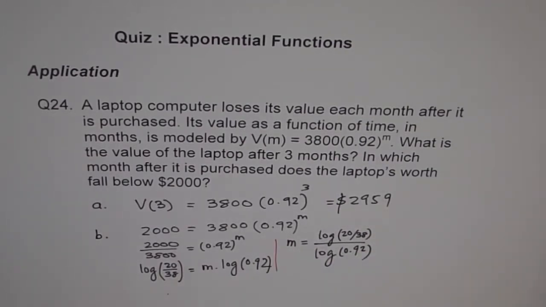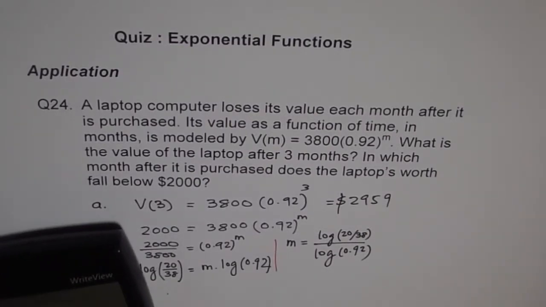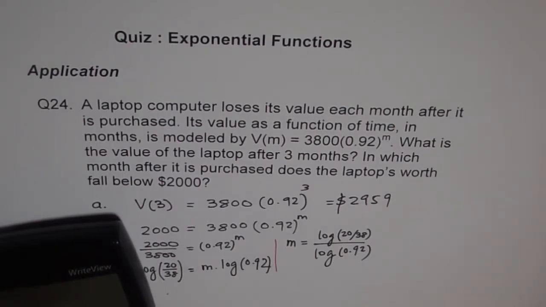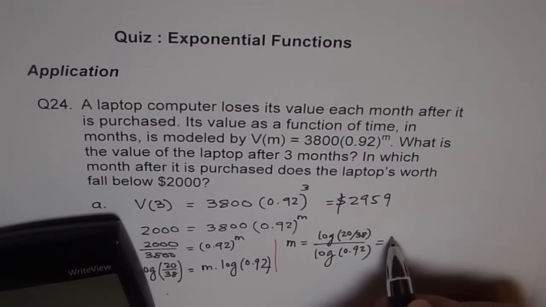Now we can calculate this using a calculator. Log of 20 divided by 38, divided by log of 0.92, equals 7.69.